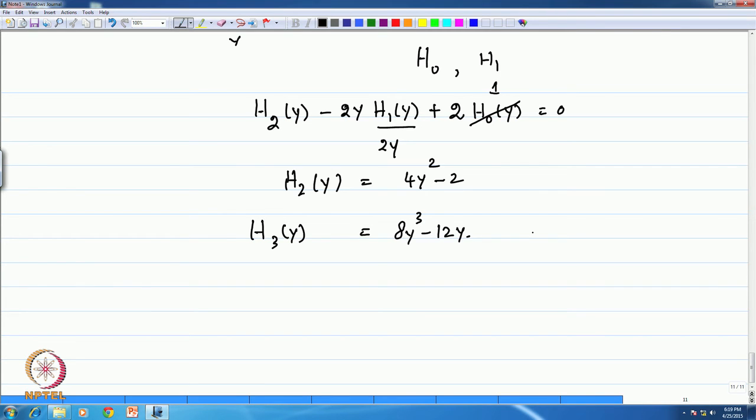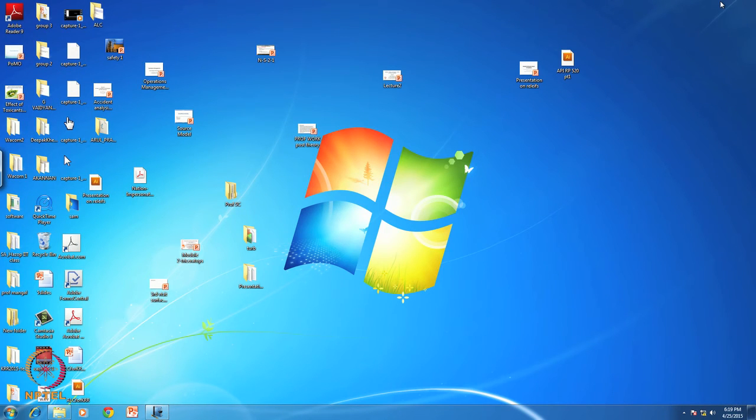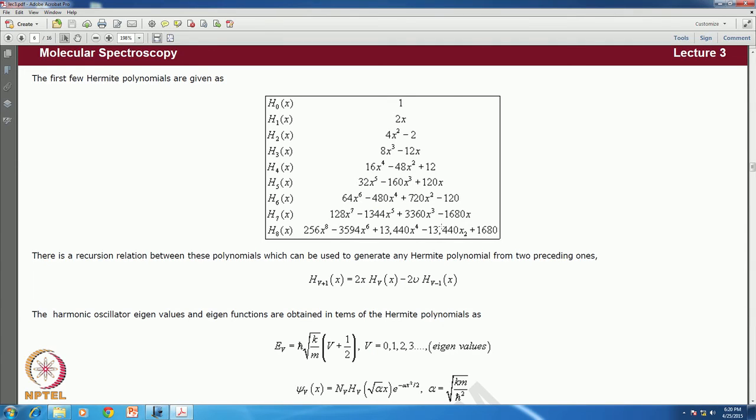One can reproduce these tables, and let me just show you from one of the lectures that I have had earlier. One can see the table here for various values of the Hermite polynomials. In this table, of course, y and x have been interchanged. You can see H0 of x, and one can go on and calculate H0, H1, H2, and what you see here is up to H8.